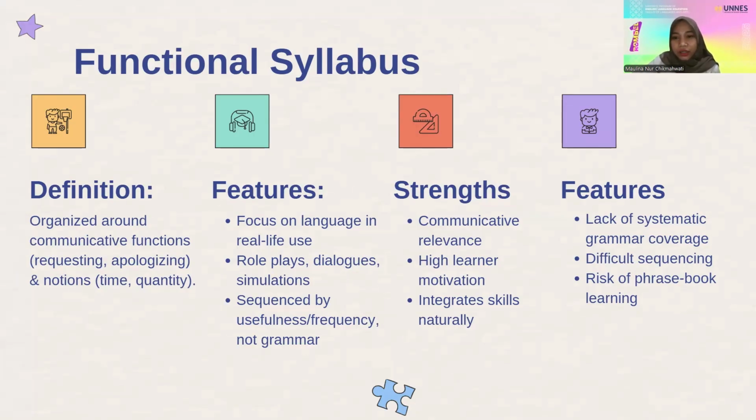This kind of phrasebook approach teaches fixed expressions or set phrases for functions without enabling learners to vary or produce their own utterances. So we're done with the grammatical and functional syllabus.